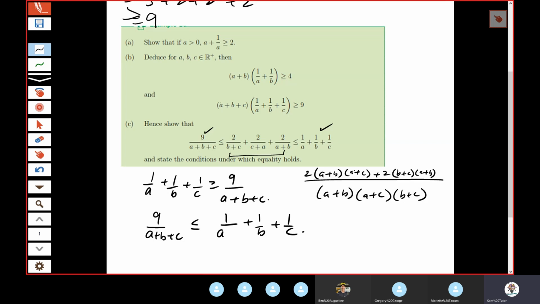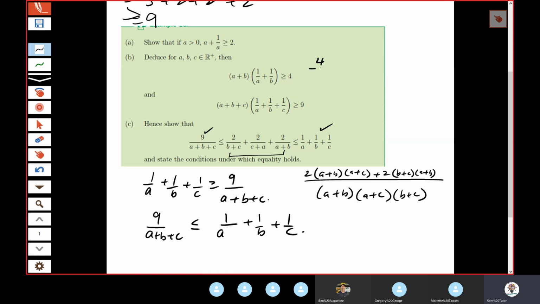Is this overkill? I think so, because it's going to become A squared, and then AC, and then AB, and then BC, and then BA, B squared, AC, 2AC, plus 2AC is 4AC. Oh, it might work out. All right, from this one, it might work out.